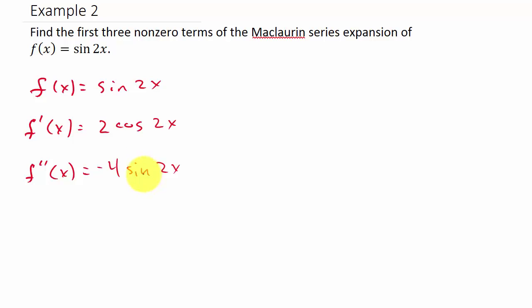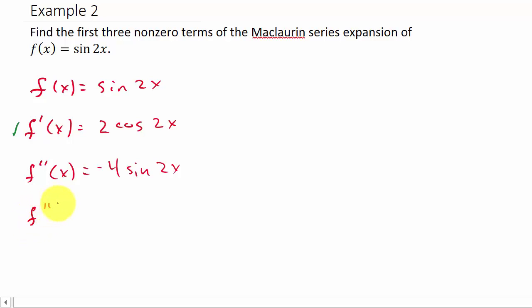Once again, we're back to sine, and you can see these derivatives are going to alternate between sine and cosine. Right now I have this term, that's 1. This is not a non-zero term, so anytime I have sine, that's going to give me a 0. That gives me an idea of what I need to do.